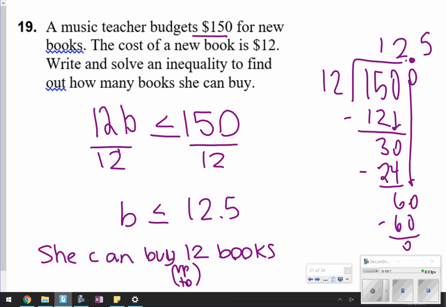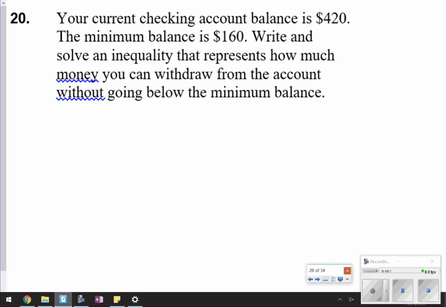Okay? Last one, number 20, your current checking account is $420. The minimum balance is $160, so write and solve an inequality that represents how much money you can withdraw from the account without going below the minimum balance. This is kind of similar to that question we had on homework one time. So it says we're starting off with $420.